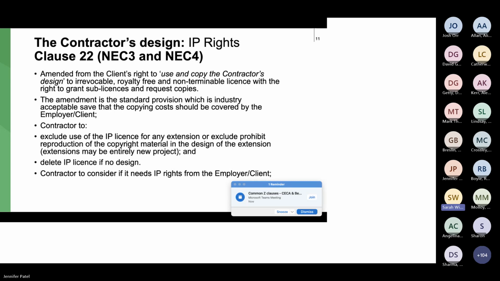That's a no. It shouldn't be included. The one that sometimes gets through is allowing the copyright to build an extension to the facility that the contractor is building, which ordinarily would be a no, but sometimes there's some ground for movement on that. So if we can just have the next slide, please.